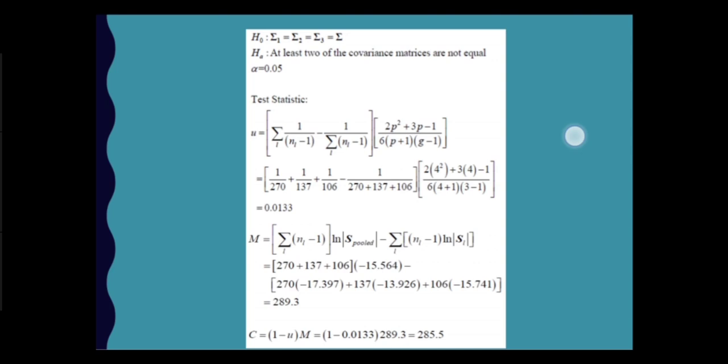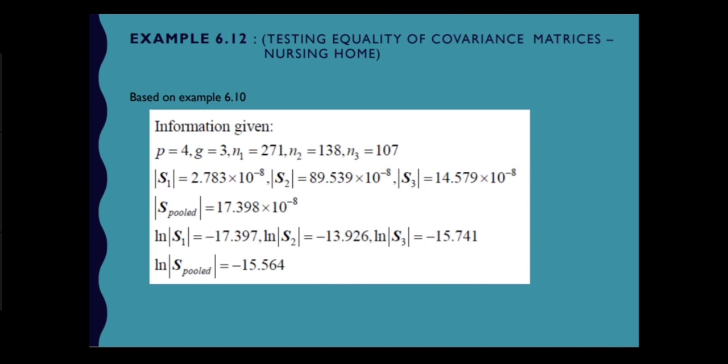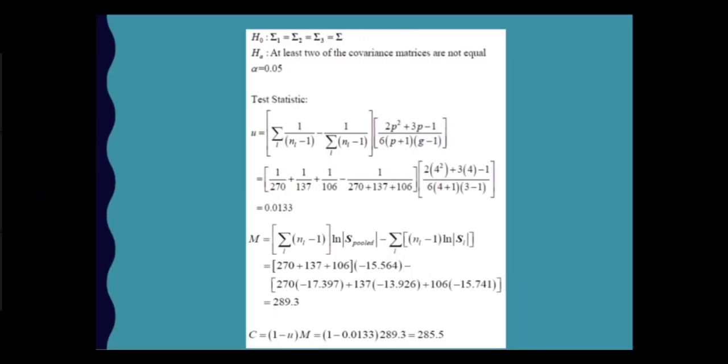So to find the test statistic C, you need to find the U first. So let's see here. The first part here, 1 over 270, because our N1 is 271. So it will be 1 over 270 plus 1 over 137 plus 1 over 160.